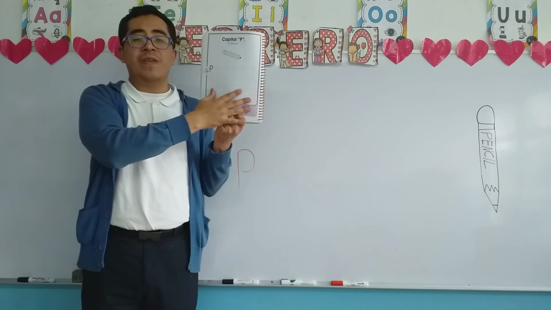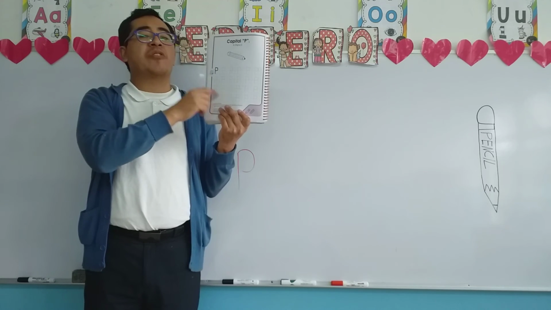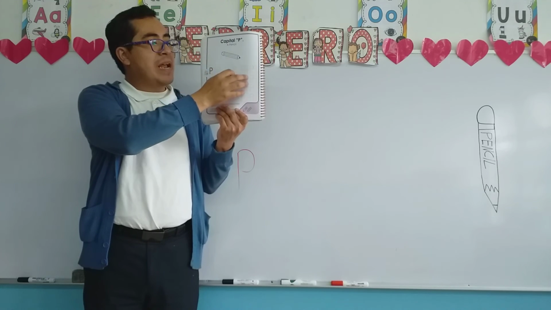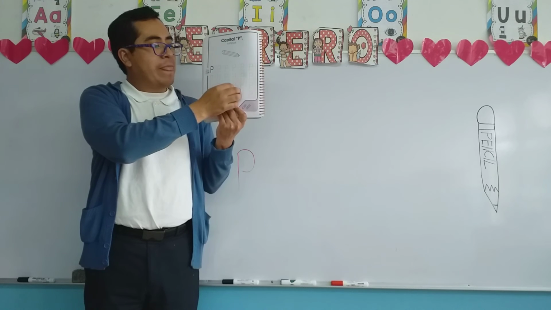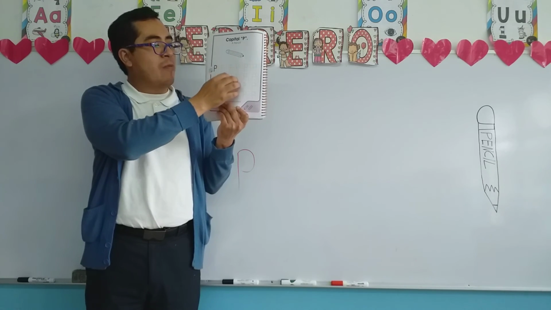All examples of the letter. Now, while you are tracing the letter, it's important that you repeat the name of it. Capital P, capital P. Capital P is for pencil. Pencil is a school object colored yellow.